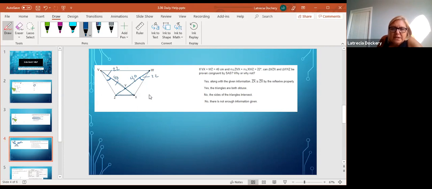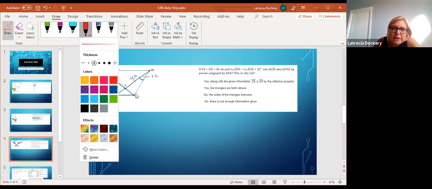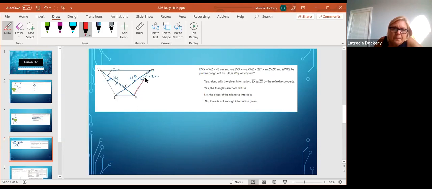But that still leaves us one open side. To prove side-angle-side, we need that other side. Let me highlight it in red. Because the angle is here, then we need this other side, and there's nothing that proves it.